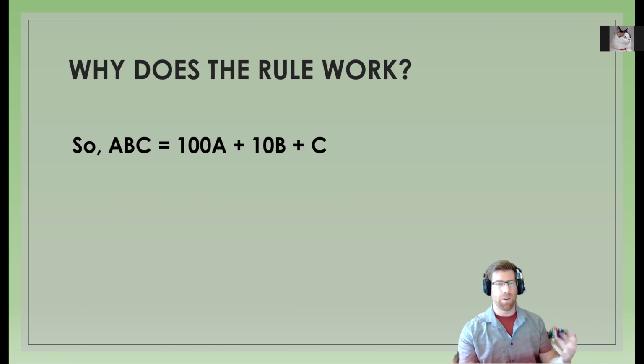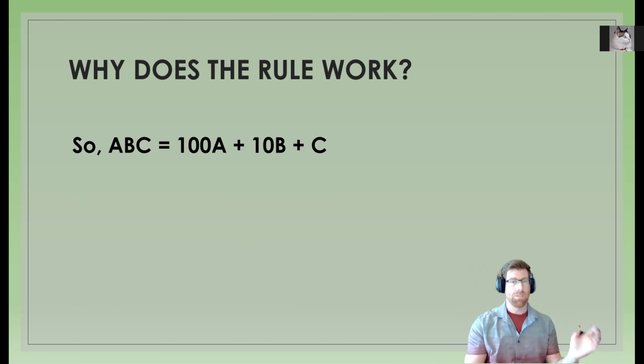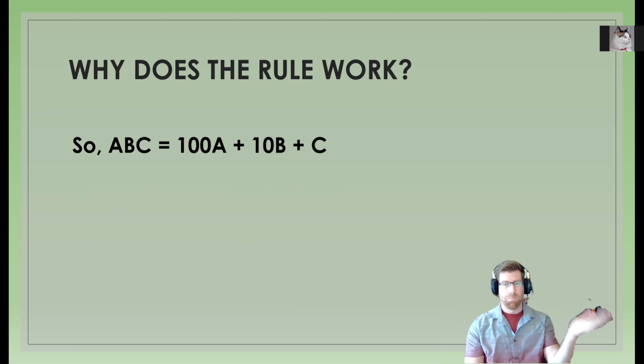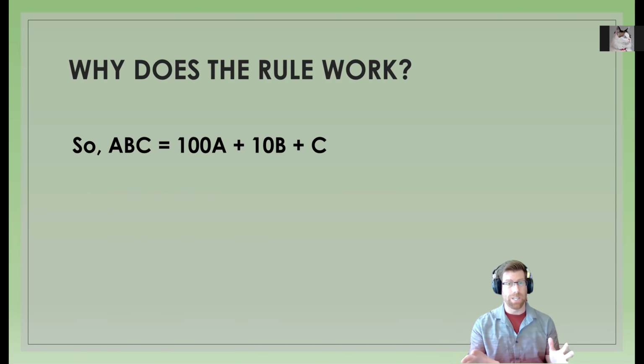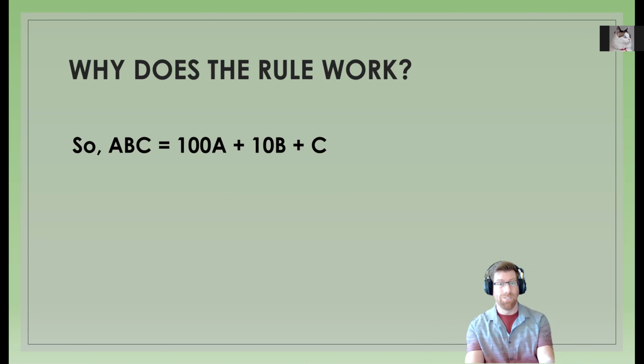And so we can rewrite the number ABC as 100 times A plus 10 times B plus C. This makes it look more like an algebra expression now. And actually that is really what we're going to be doing here, talking about what is basically this polynomial where instead of X, we're using 10.